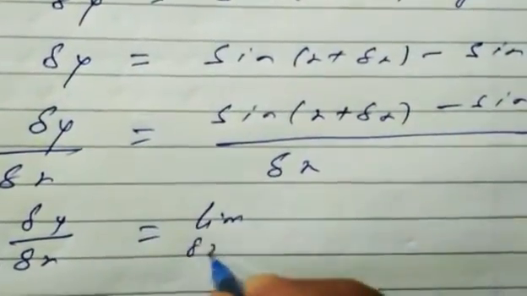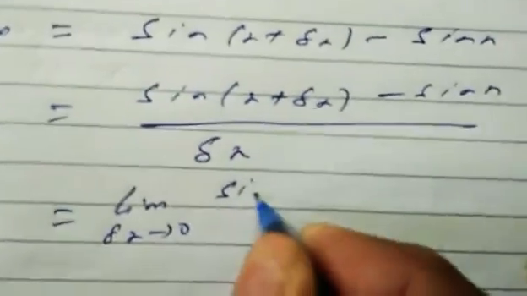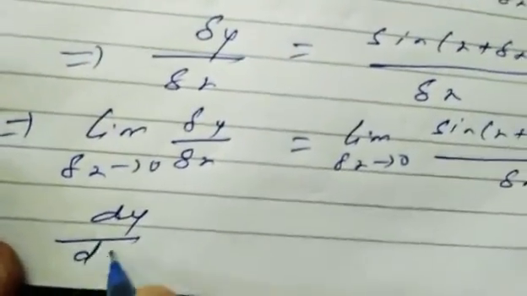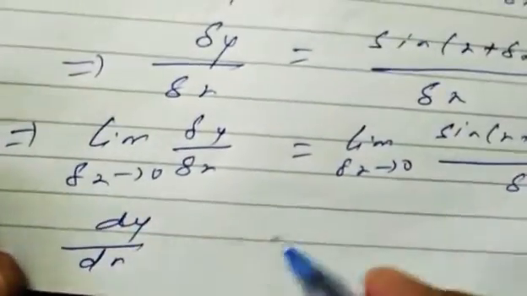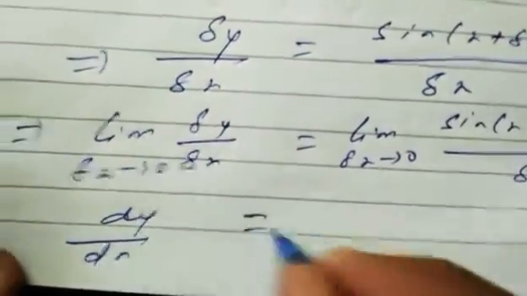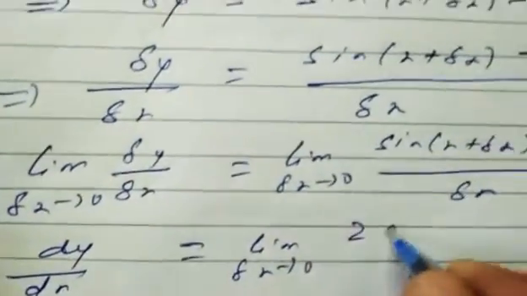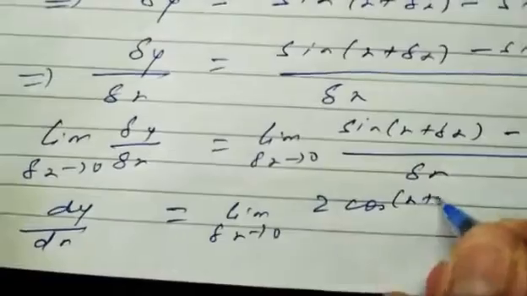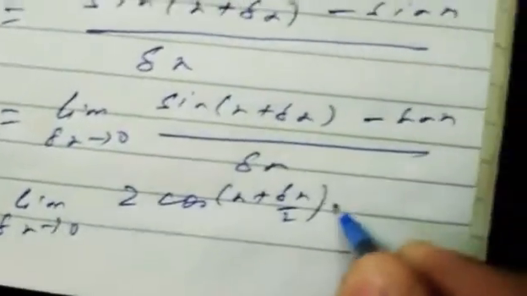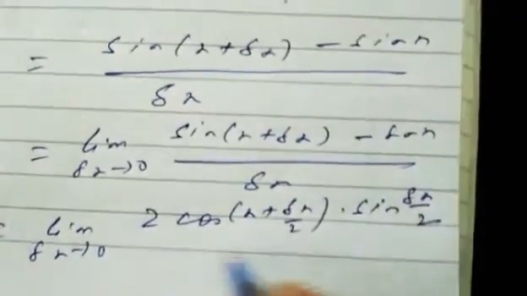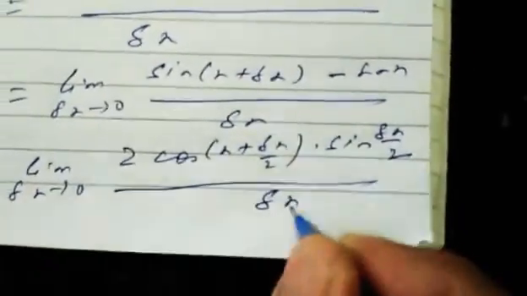On this side also we will put del x tending to 0. So limit del x tending to 0 of sin(x + del x) minus sin x upon del x, and this is dy by dx. On this side we will use the C minus D formula, and this is 2 cos((2x + del x)/2) into sin(del x/2) upon del x.